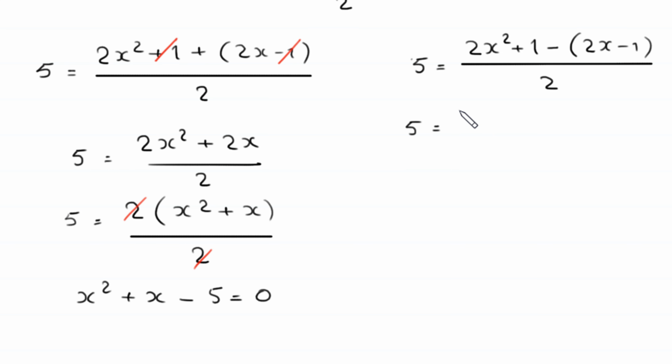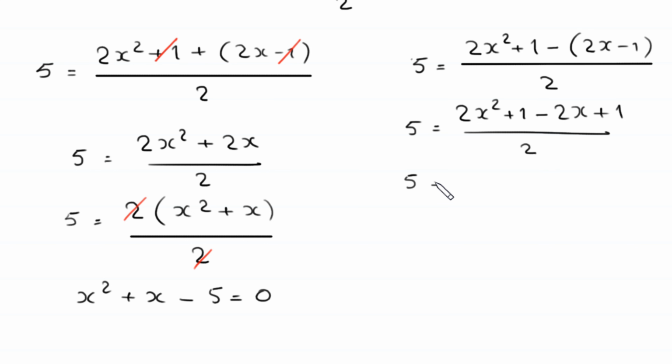5 is equal to 2x squared plus 1. Due to this minus, this positive 2x will become negative 2x, and this negative 1 will become plus 1, divided by 2.